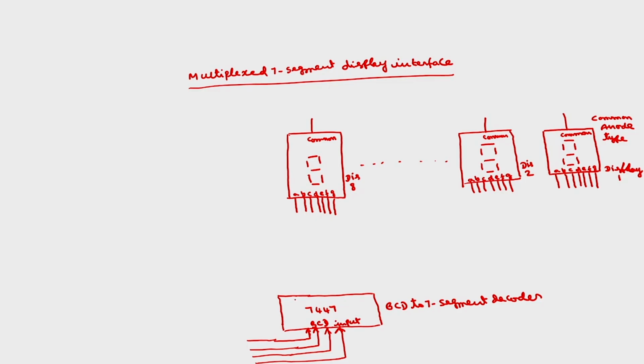The outputs will be the 7 segments A, B, C, and so on. As we discussed in the last class, A is connected to A through a 150 ohm resistor, B to B, C to C, and so on.